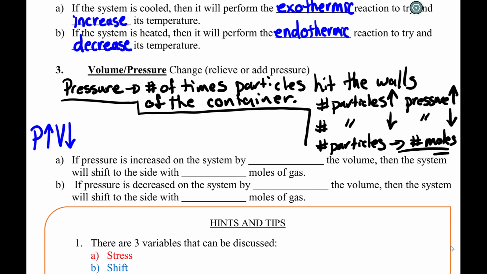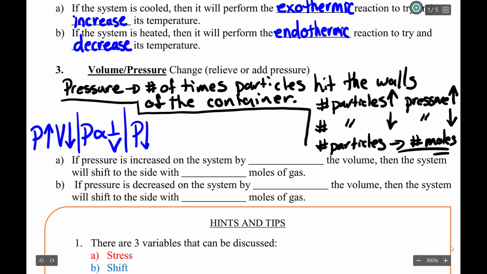This is an inverse relationship. So pressure is inversely proportional to volume. Or your other scenario is, if the pressure has gone down, it's probably because the volume has gone up, and so it takes longer for the particles to hit the walls of the container, and therefore this causes the pressure to go down because hitting the walls is pressure.